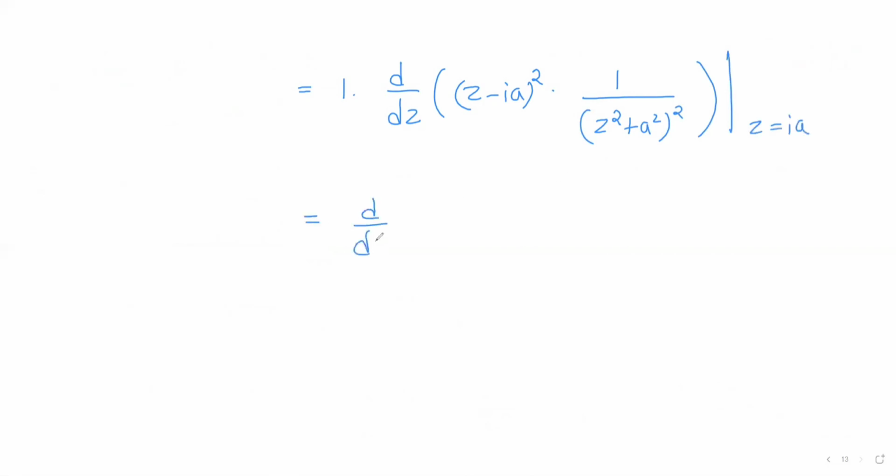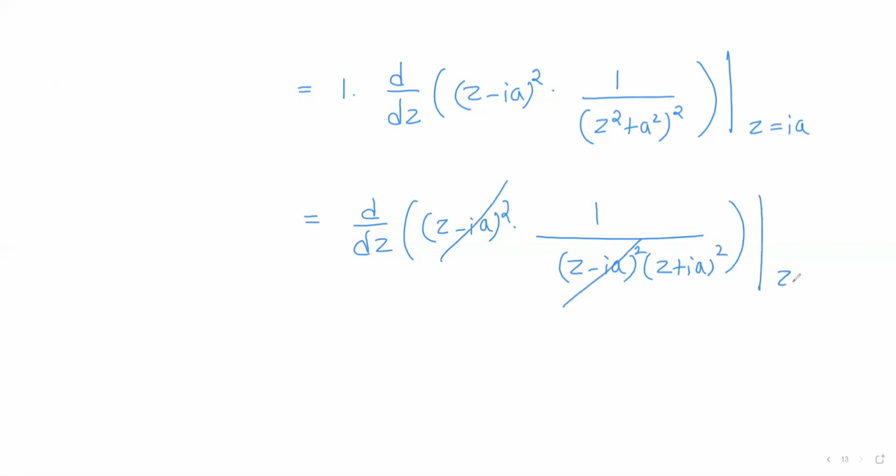Now it is differentiation of (z − ia)² into 1 divided by (z² + a²)², where z² + a² can be factorized as (z − ia)(z + ia). So the whole square is there, so it is squared. So this factor gets cancelled. So we are left with just differentiation of 1 divided by (z + ia)² at z = ia.